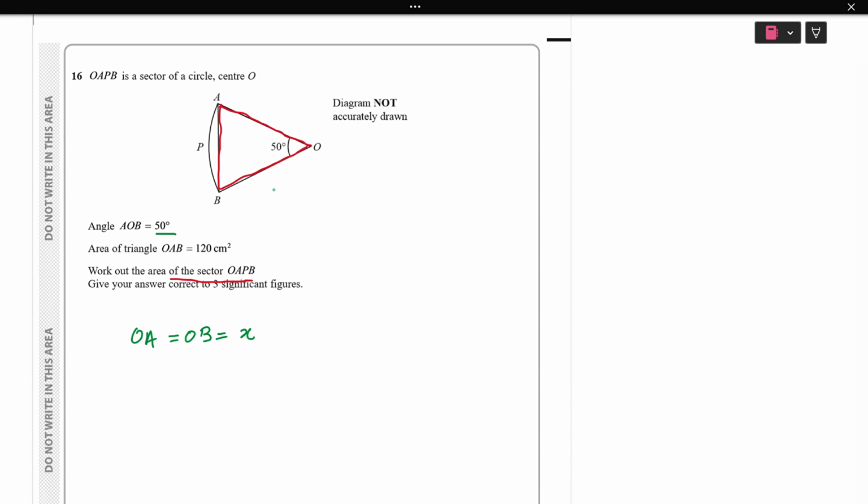Okay, so we go for area. The trigonometry area formula is half A times B times sine of the angle. Both sides here are X. So half times X times X times sine 50 degrees equals the area, which is given already, 120. So x squared equals 120 times 2 over sine 50.